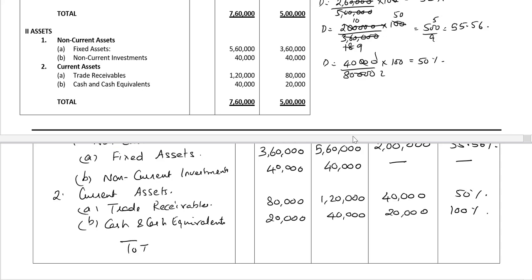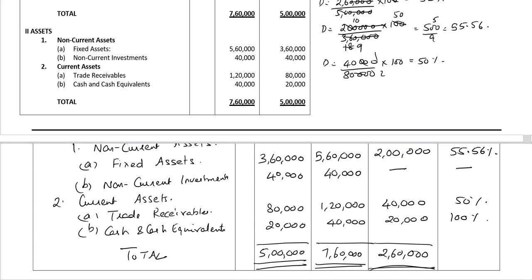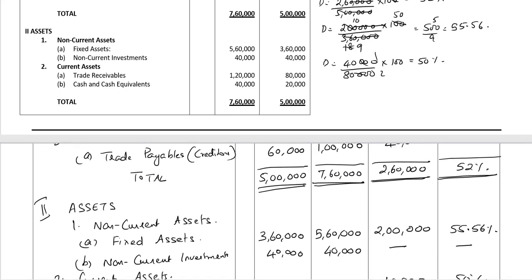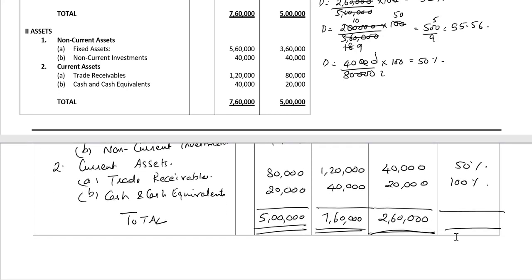Finally, the total, 5 lakh rupees, 7,60,000 rupees, 2,60,000 rupees, and we've already calculated the percentage change, 52%.